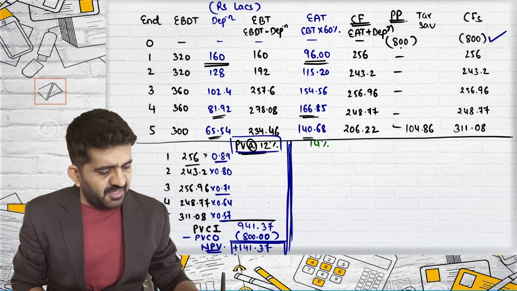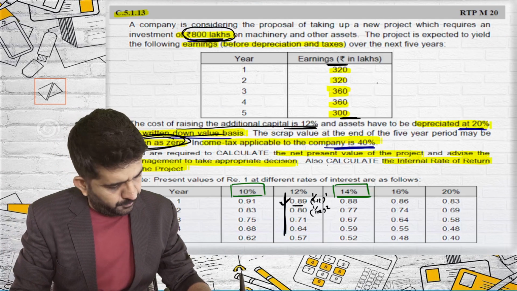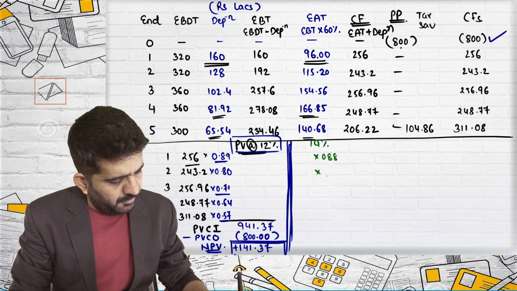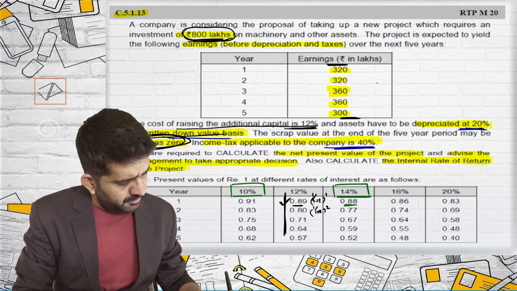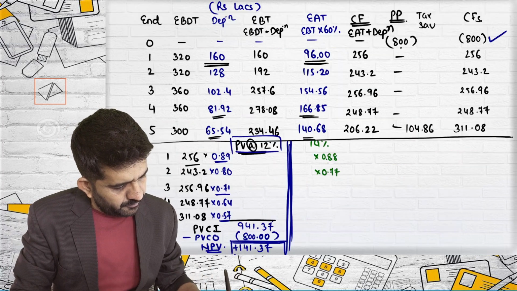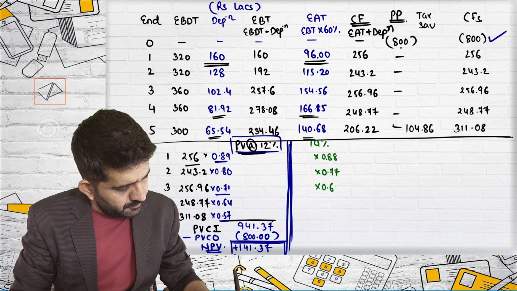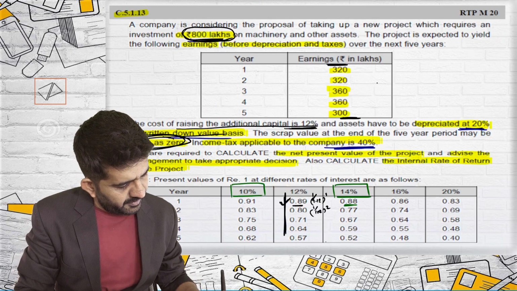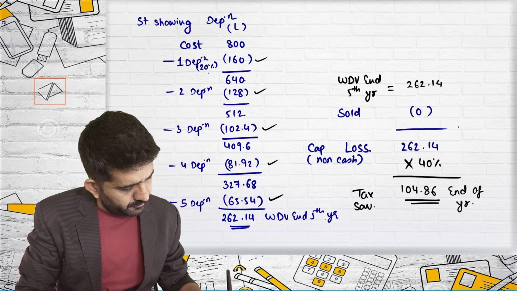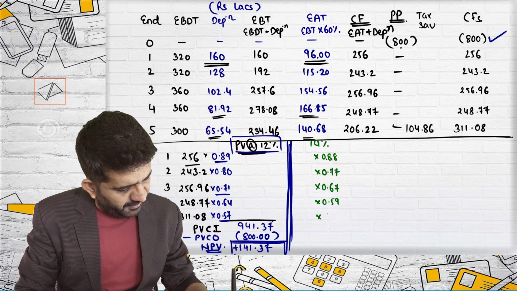Find out NPV at 14% multiplied by 0.88. No need to write down cash flows again. 0.77, 0.67, 0.59, and 0.52.